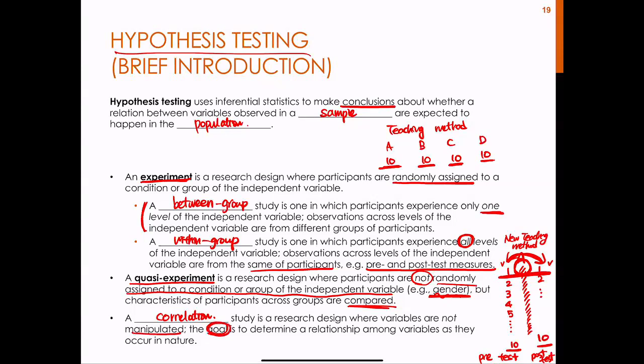The goal is to determine a relationship among variables as they occur in nature. In the correlation study, we simply observe the variables as they occur in nature, and we want to determine a relationship among variables, but there is no control by the researcher. This is the correlation study.